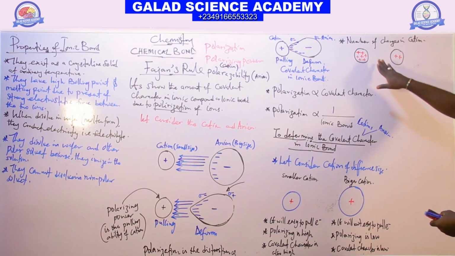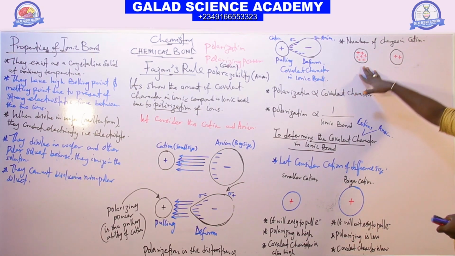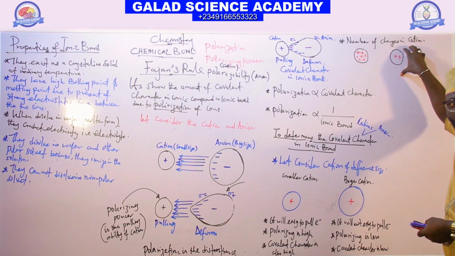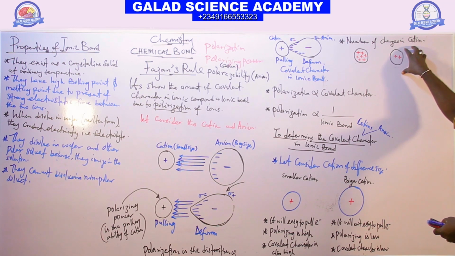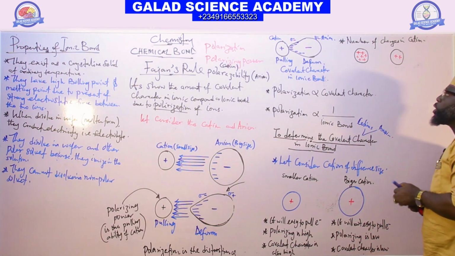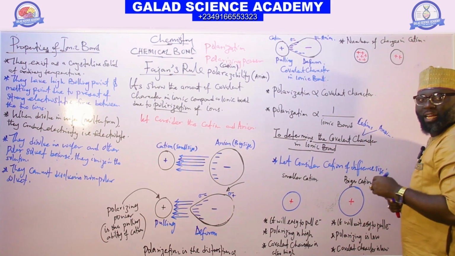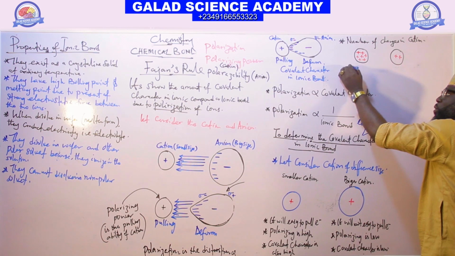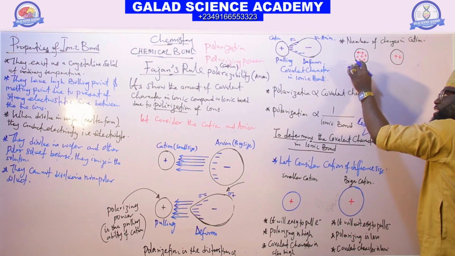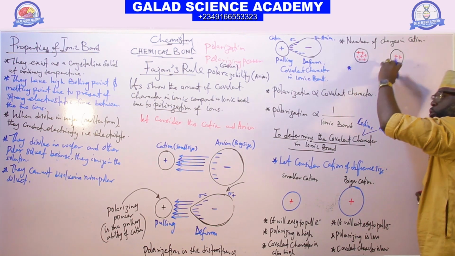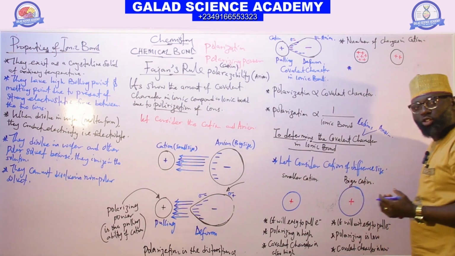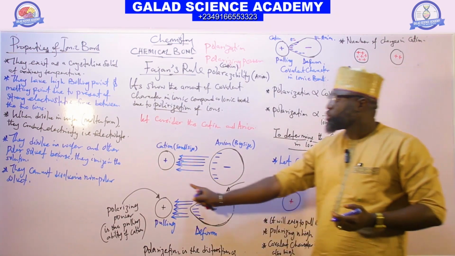The charge density here is more than the number of charge we have here. So the one that has many charges, it will be easy for him to pull electron toward himself.